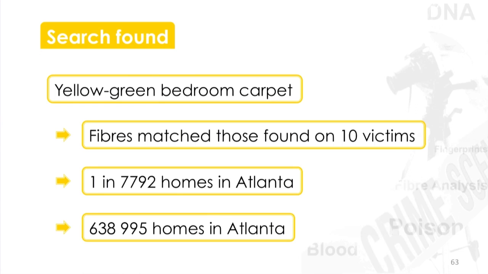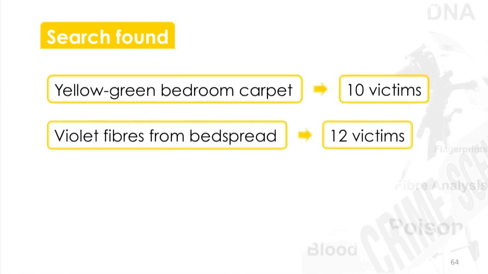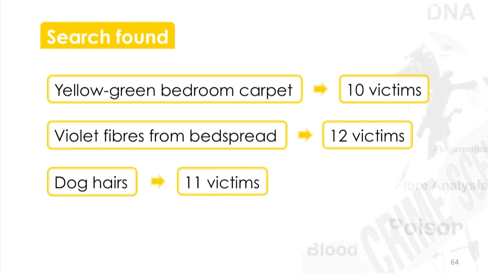However, the police are not relying on a single kind of fiber, because they also found violet fibers on 12 of the victims. These matched the fibers of a bedspread in Wayne Williams' house. In addition to that, hairs from Wayne Williams' dog were found on 11 of the victims.